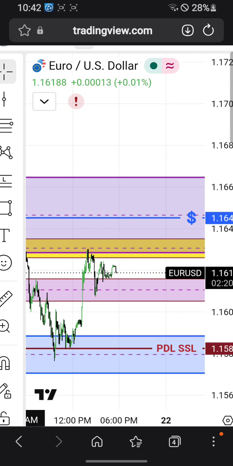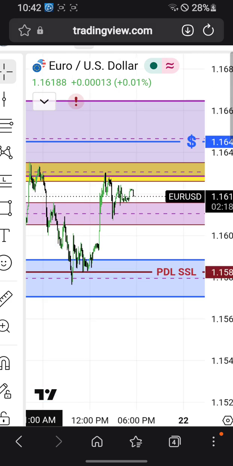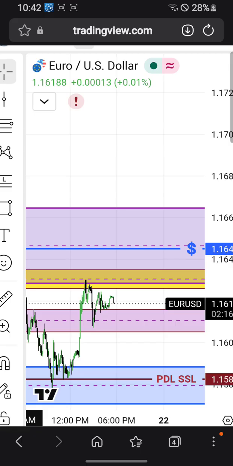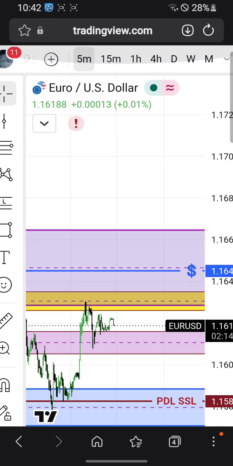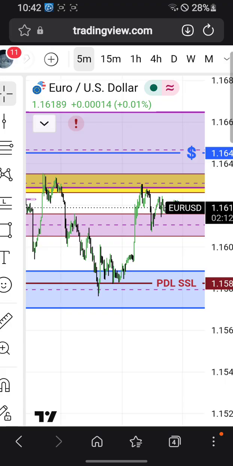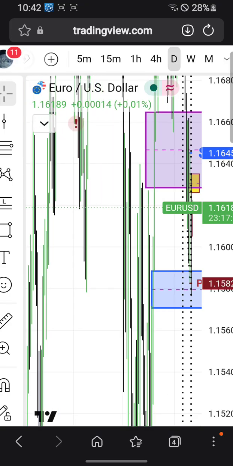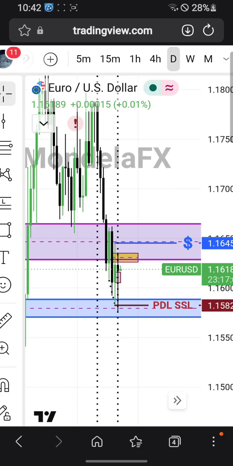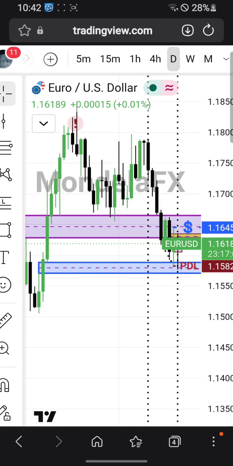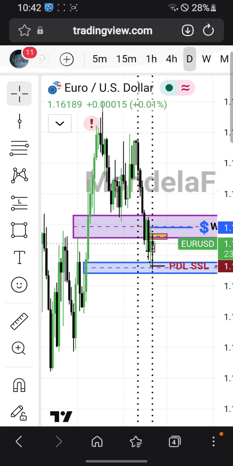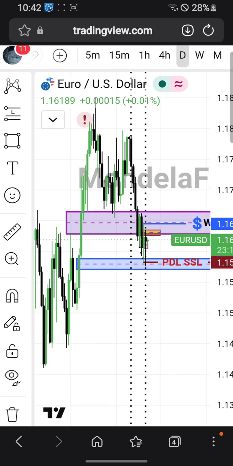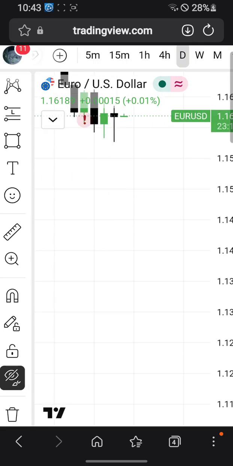Let me take you to a daily chart. Daily chart now. Okay. Now you can see the full interpretation of it on the daily chart. Let me show you. You can see today's candle.